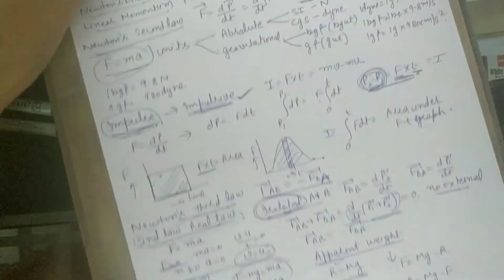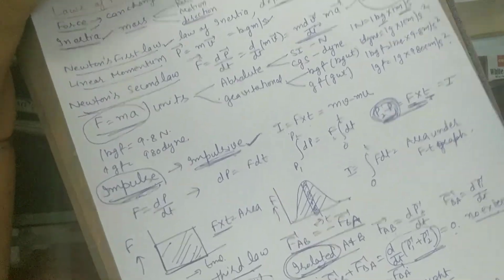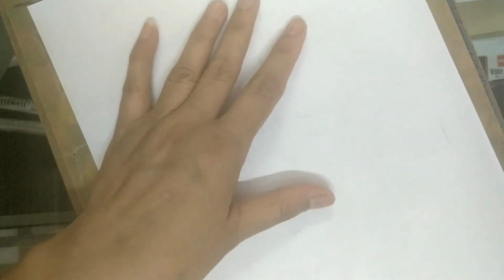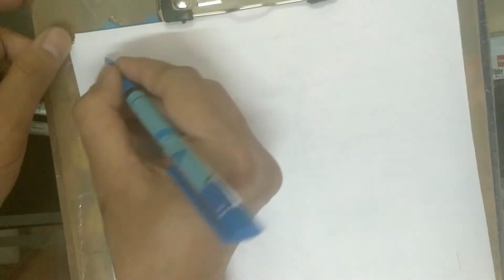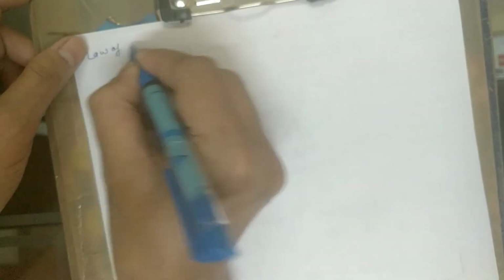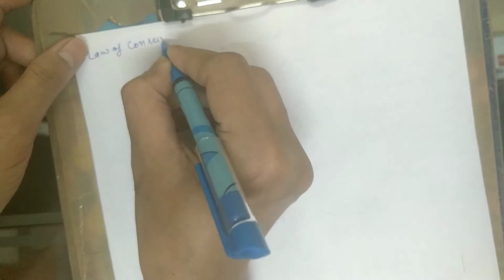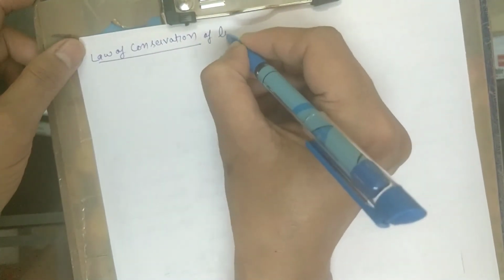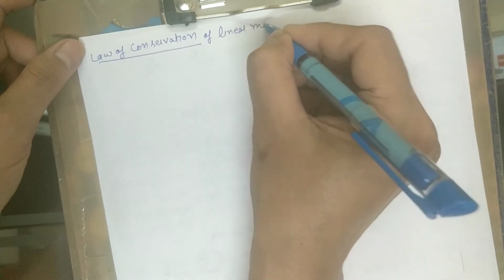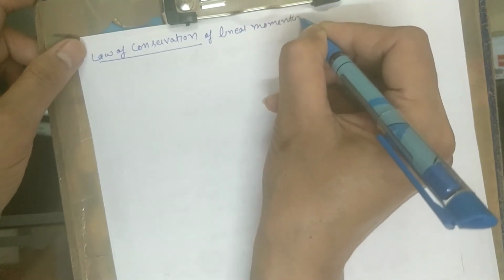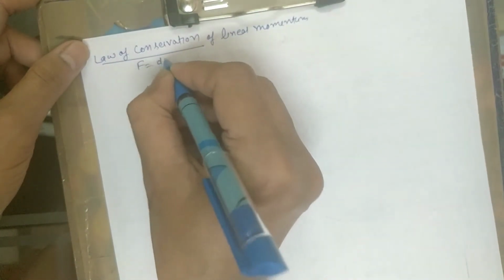Then we have the law of conservation of linear momentum. How do we describe linear momentum? Linear momentum is the quantity of motion contained in a body. When we say the law of conservation of linear momentum, F is dp upon dt.